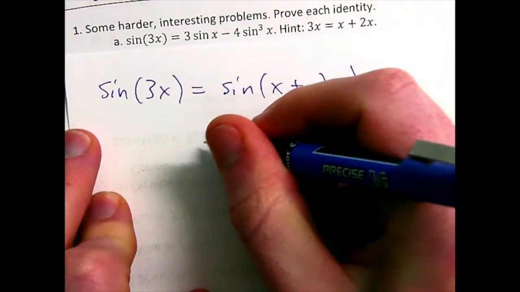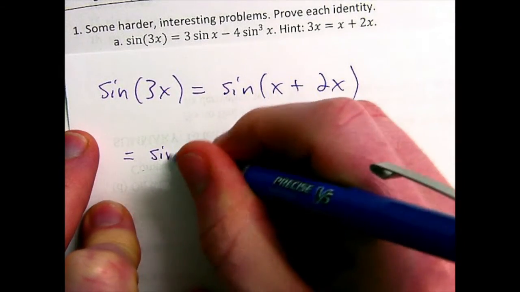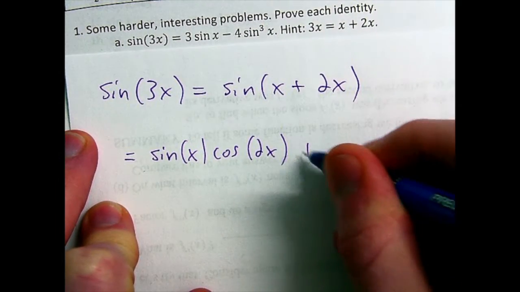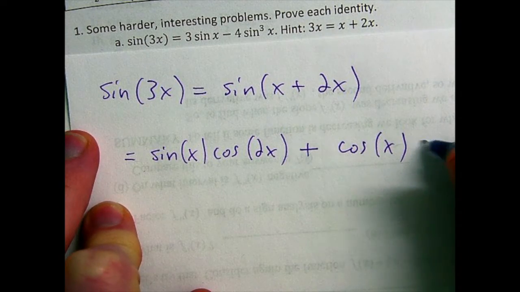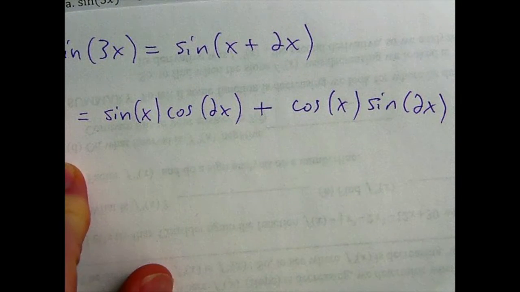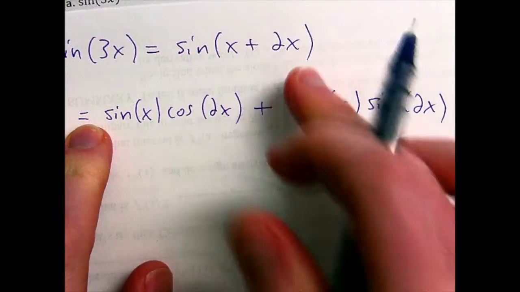So let's apply that formula to this expression. We get sine of the first thing times cosine of the second thing plus cosine of the first thing times sine of the second thing. That is me just applying the sine angle sum formula to this expression.